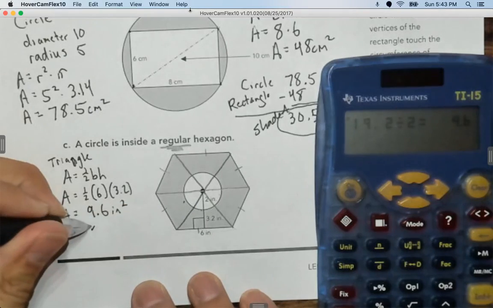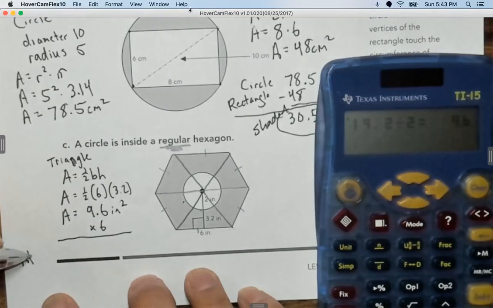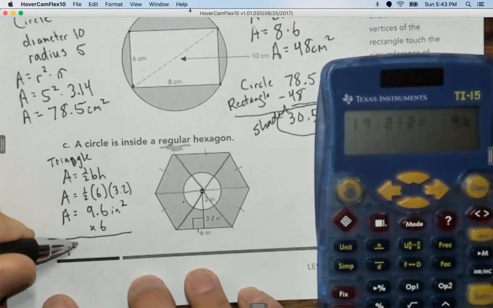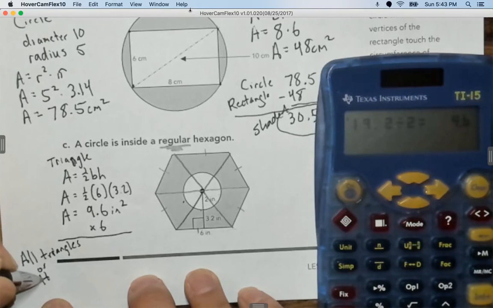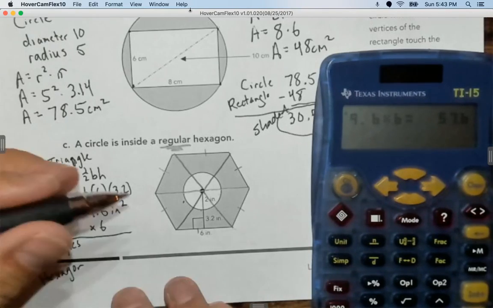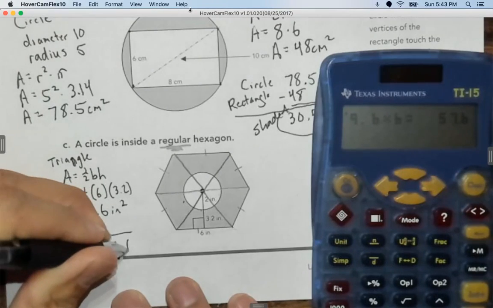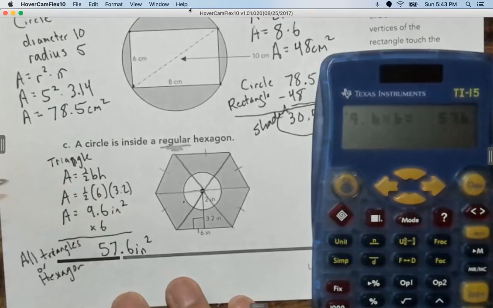I multiply that by 6, and so all triangles or the hexagon is going to be 9.6 times 6. And so that would be an area of 57.6 inches squared for the whole hexagon.